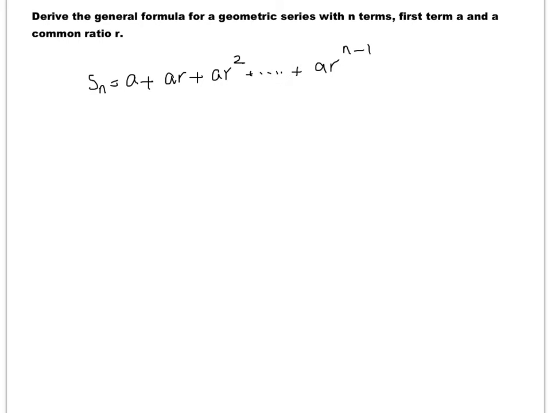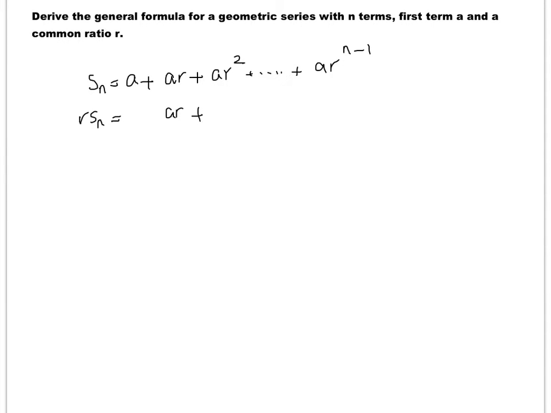Now I'm going to multiply S sub n by r. I get r S sub n is equal to, now if I multiply a by r, I get AR. So I'm going to write AR here, plus.